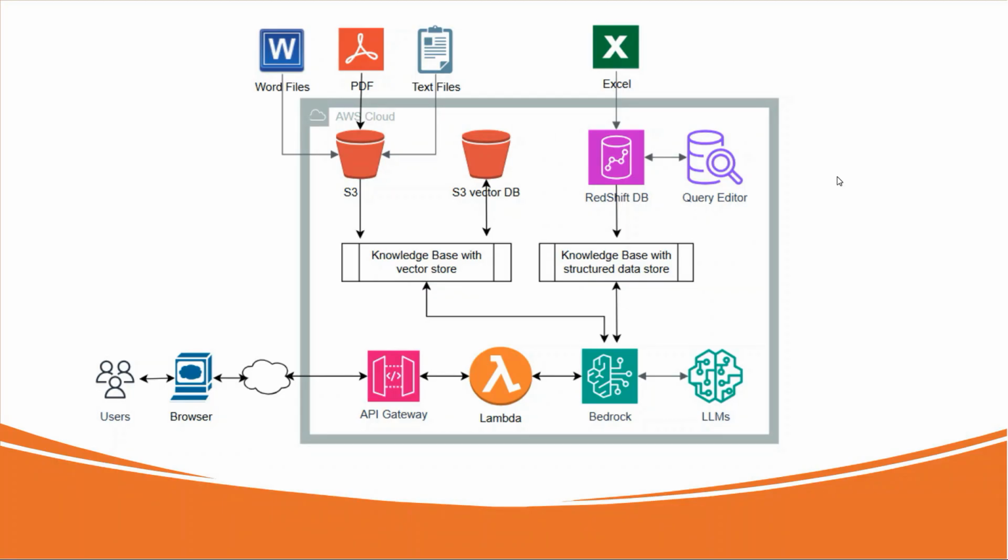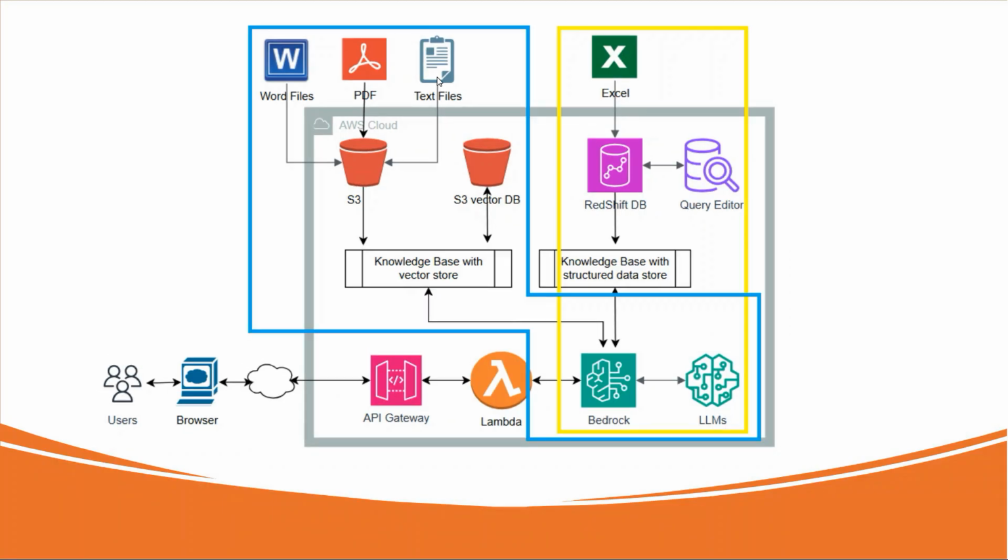So this is the topology we spoke about earlier. We have 3 files from our local laptop. We brought them into an AWS S3 bucket. We created a Bedrock knowledge base with vector store. We did the sync operation that took S3 data from our S3 bucket, and it built a vector multi-dimension index data store.